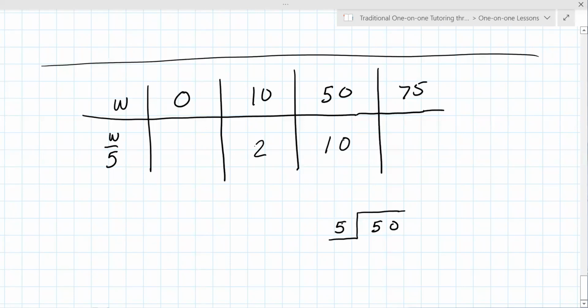It's okay to write it down. I write down stuff in math all the time. It helps to keep you focused on what you're working on. So then the next one would be 75 divided by 5.